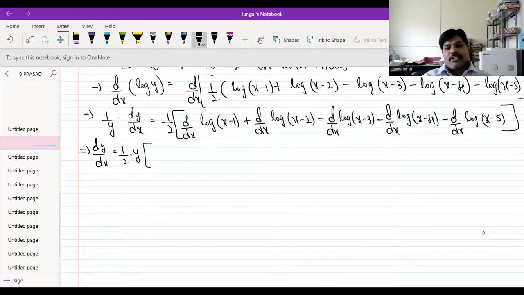So the derivative of log f of x, once again, see students, what happens? 1 by x minus 1 into the derivative of x minus 1. Why? Because here this is the f of x. The derivative of log f of x is 1 by f of x into f dash of x.